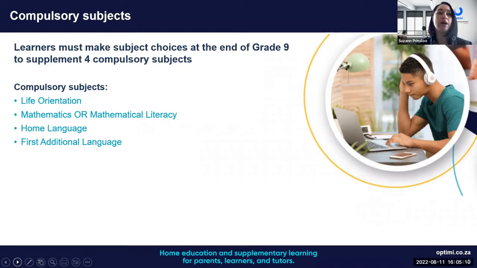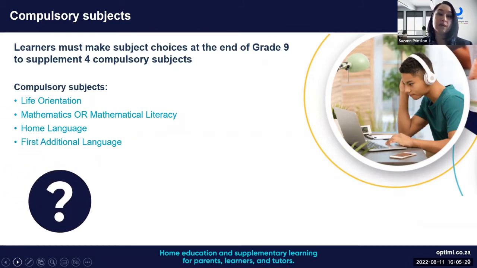It cannot be Afrikaans as their home language as well as Afrikaans as their first additional language. So that's quite important to keep in mind, that there has to be at least 1 home language, and a learner needs 2 languages to comply with the compulsory subject requirements in the FET phase.